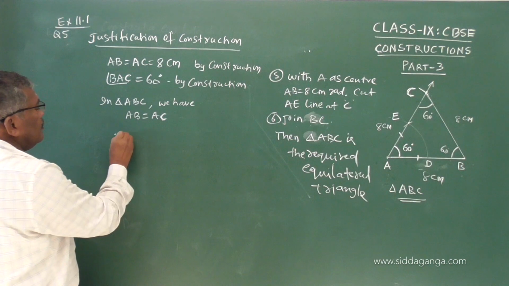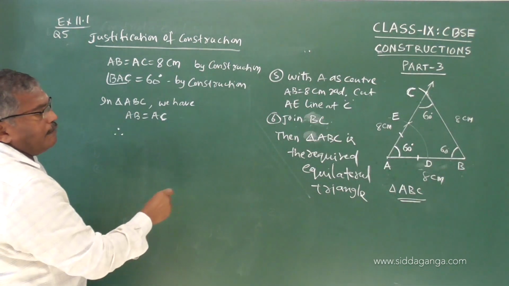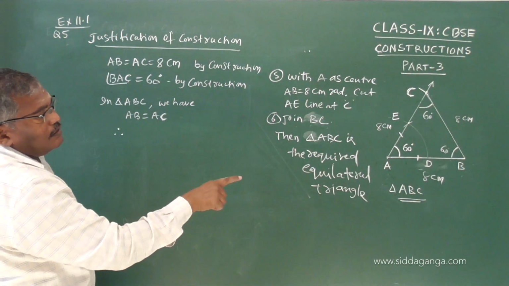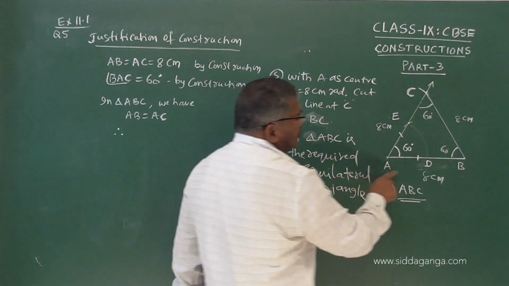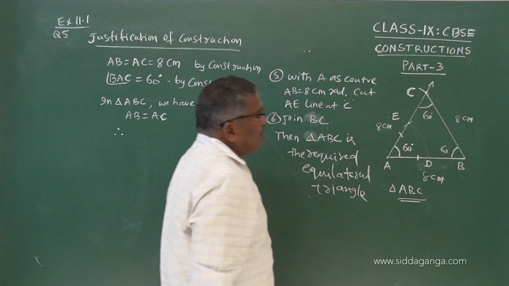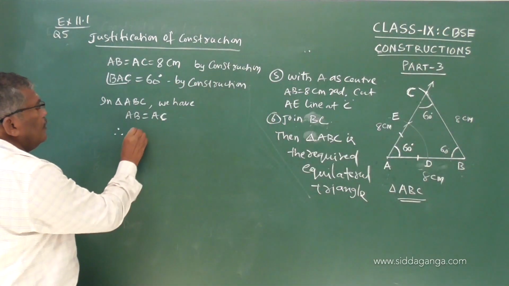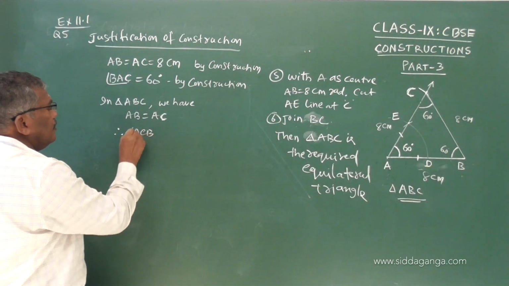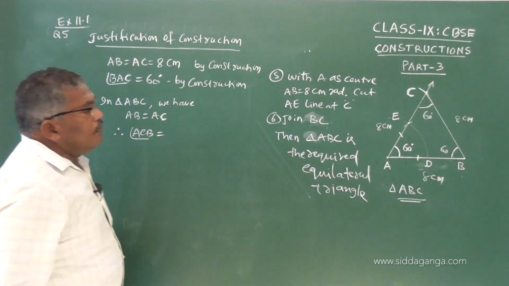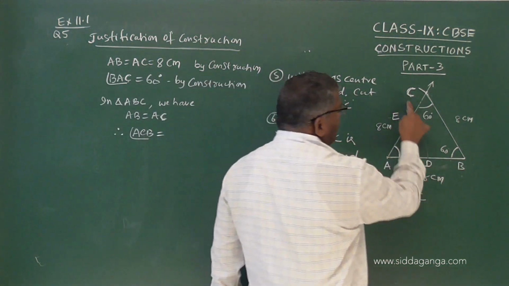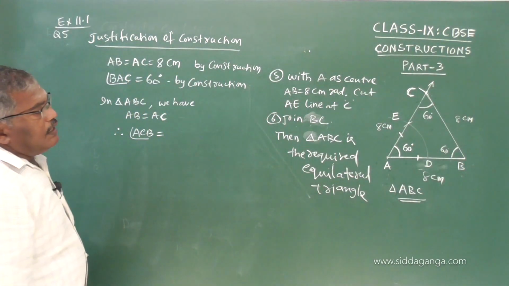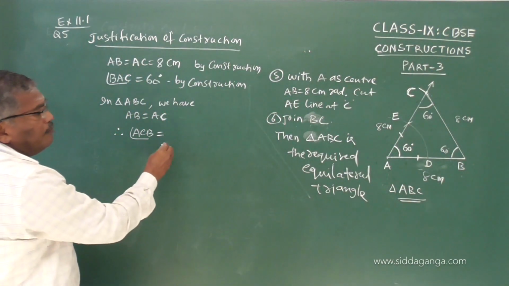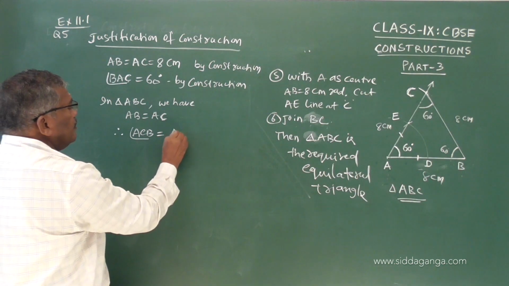So therefore the angles opposite to those sides are equal. AB opposite is angle ACB, and AC opposite is angle B, that is ABC.